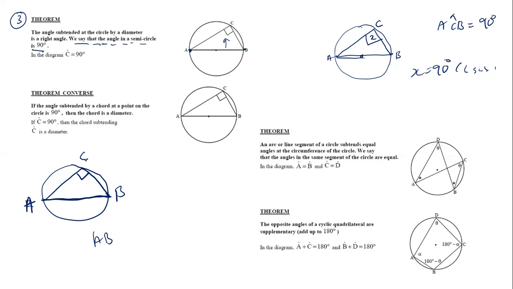So if you are told that angle C is 90 degrees, therefore AB is a diameter. Simple. That's the converse. I hope that was clear.